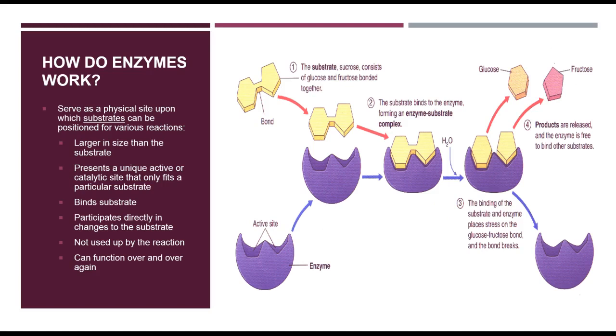And they present a very unique active site, and that active site is unique for the substrate. So we don't have enzymes that a random substrate just binds to and things happen. Every enzyme is specific to the substrate or the reactants that are involved in the reaction.